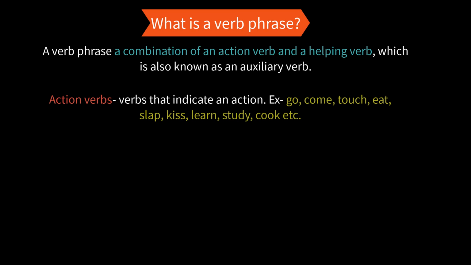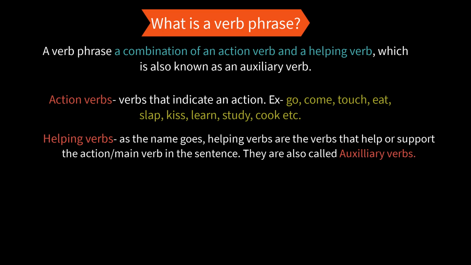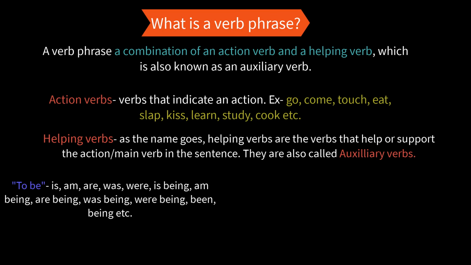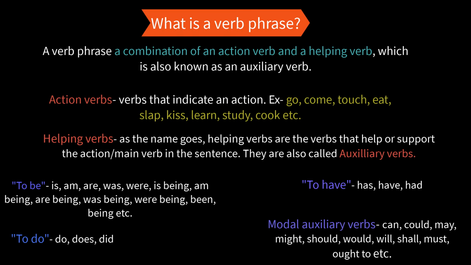And what are helping verbs? Helping verbs, as the name goes, are the verbs that help or support the main verb in the sentence, that support the action verb in the sentence. And these include to be form, to have form, to do form, and modal auxiliary verbs.